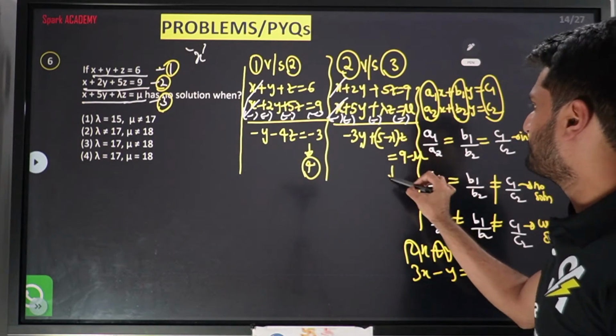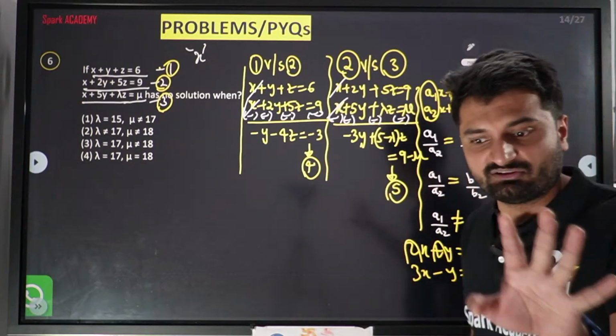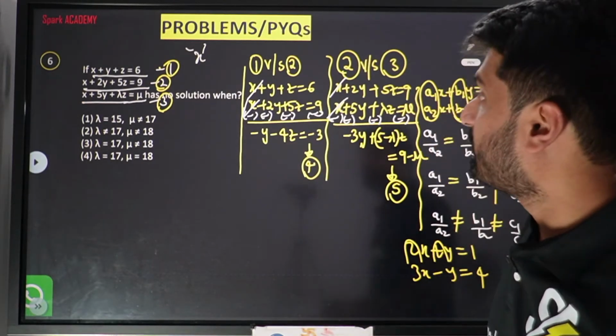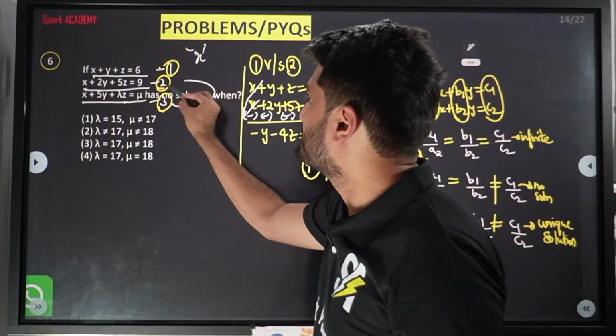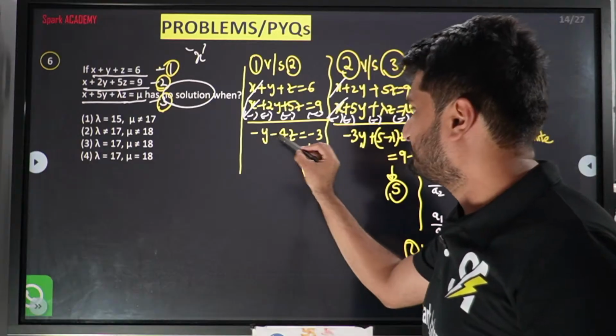So now you are observing equation 4 and equation 5 in the y, z variable combination. And now what are they saying? No solution. No solution means what? Let's take ratios.